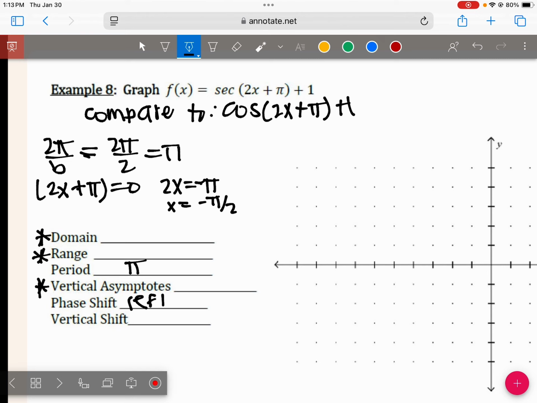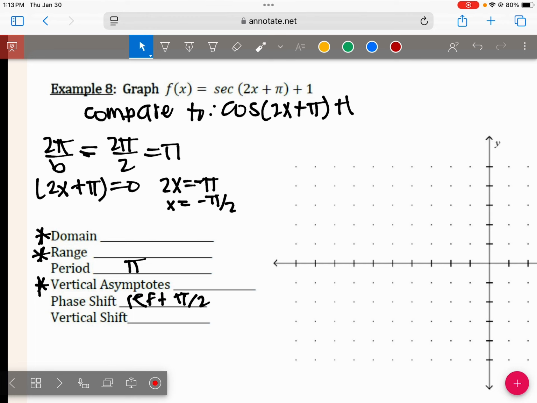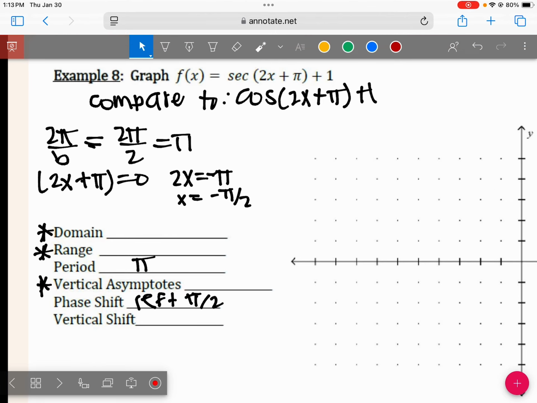So we are going left pi halves. Our vertical shift is our k value, so what do we have? We're going up 1.